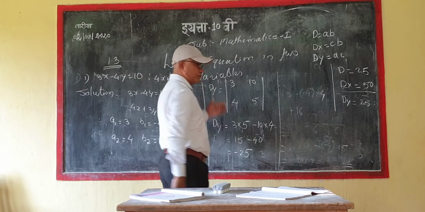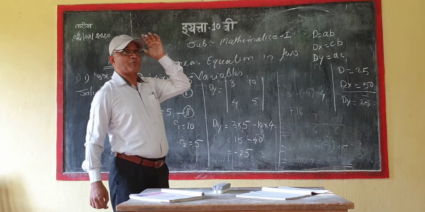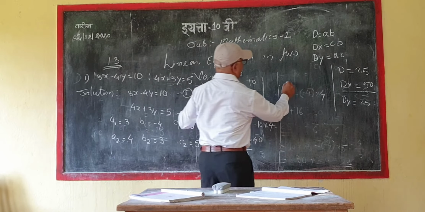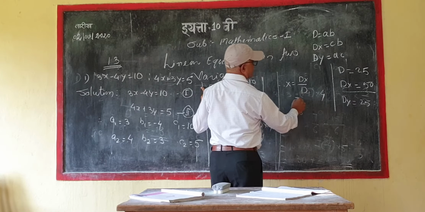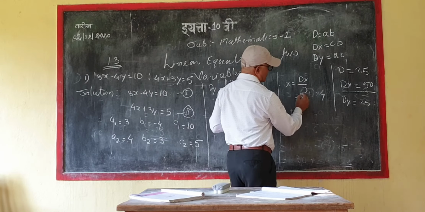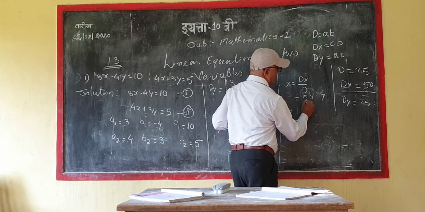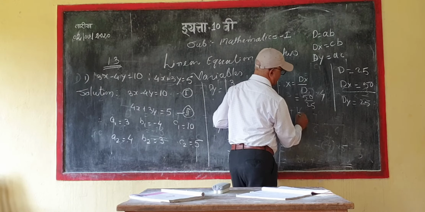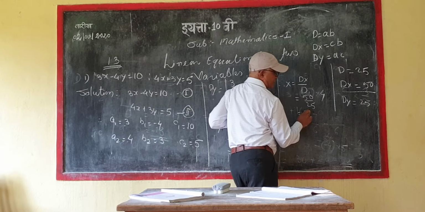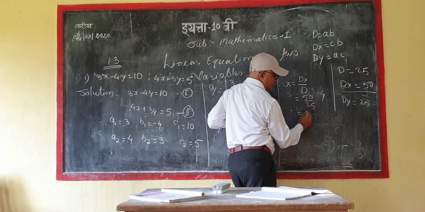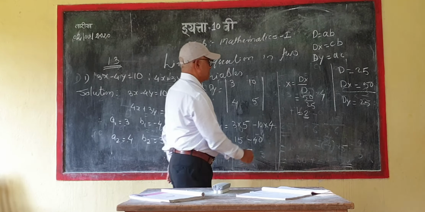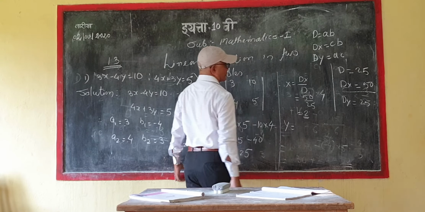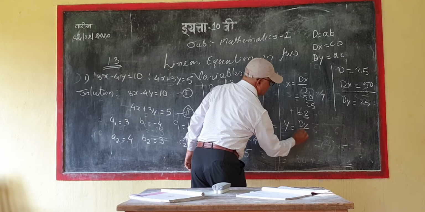So you can find out the x. What is the formula of x? The x is equal to dx upon d. Substitute the value of dx, 50 upon 25, we get 2. The value of x is 2. Similarly, y is equal to dy upon d.